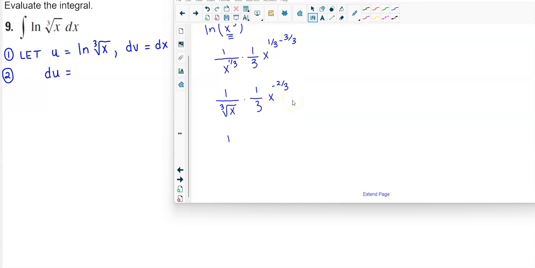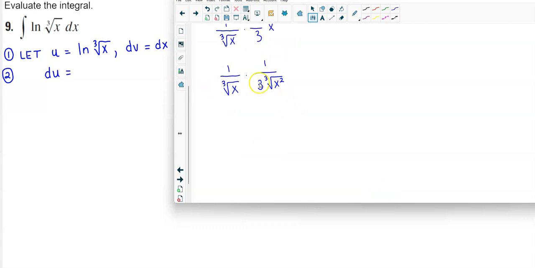And so therefore this becomes 1 over the cube root of x times 1/3 times the cube root of x squared. Okay, now when we multiply these together, we get 1 times 1, which is 1. And then we have 3. And the cube root of x times the cube root of x squared is going to be the cube root of x cubed.